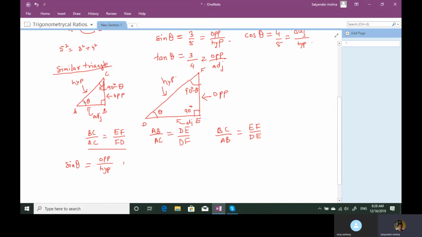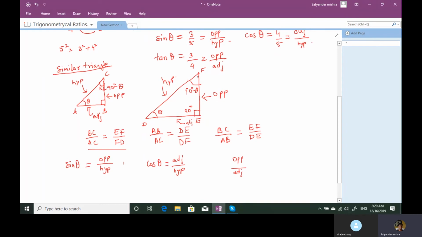So AB by AC is adjacent by hypotenuse. So this is also DE by DF, which is also adjacent by hypotenuse. So this represents cos theta, right? And you can take that case BC by AB, which is opposite by adjacent, and you can see that EF by DE is also opposite by adjacent.